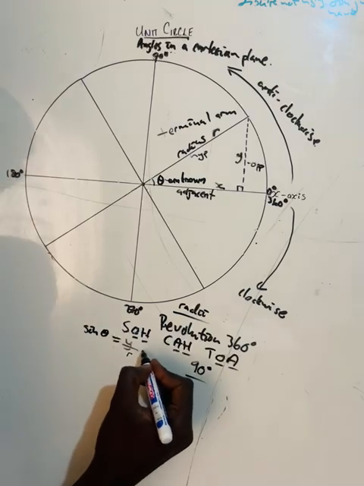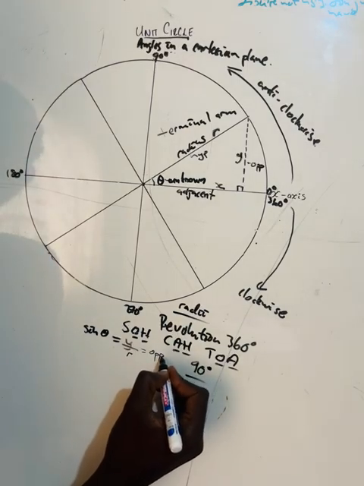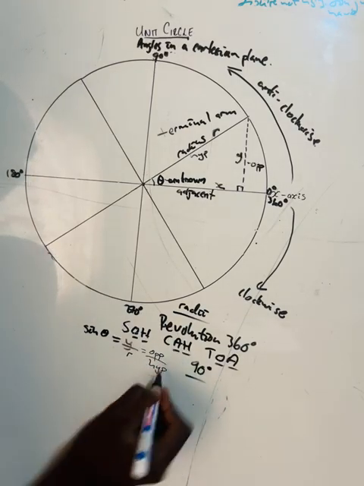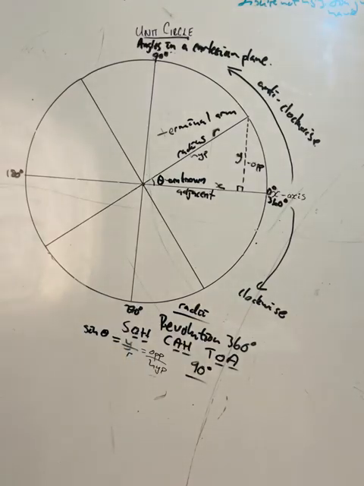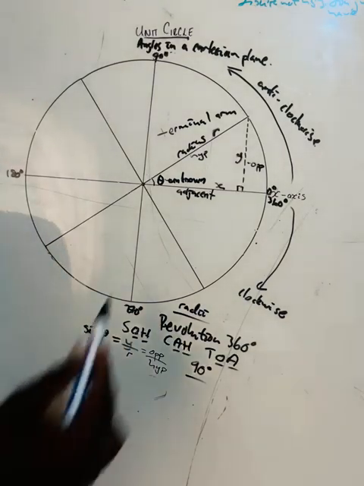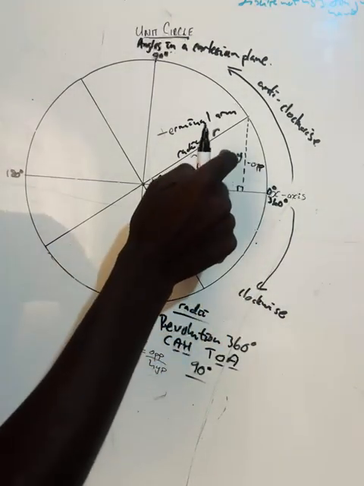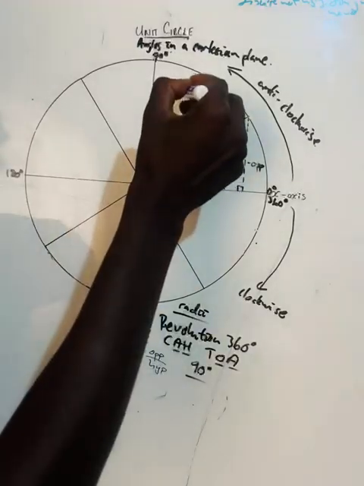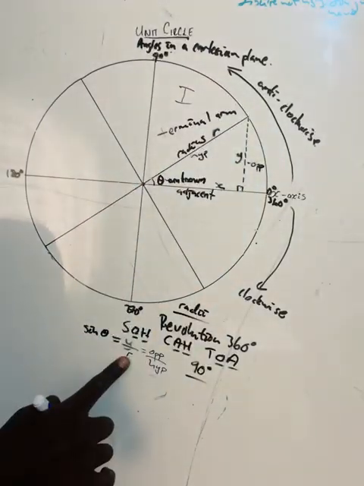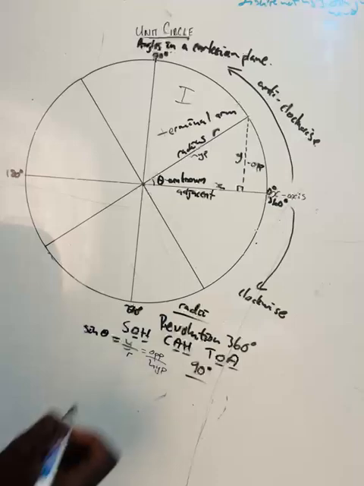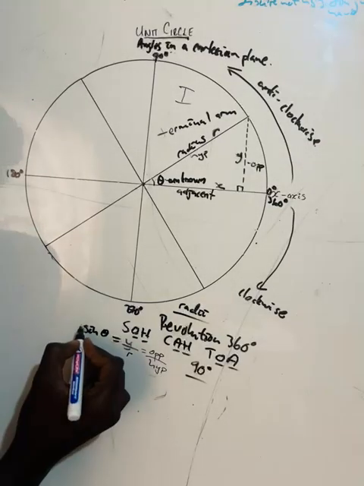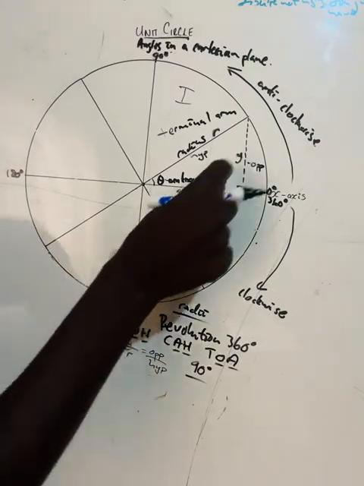This y over r is simply stating that our opposite over our hypotenuse are both positive, which means that your angle in this quadrant, the first quadrant, we call it quadrant 1, has a positive sin theta.